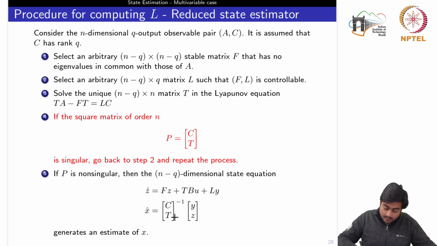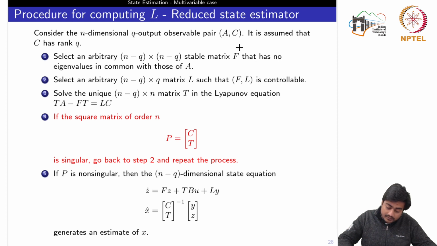So again, the problem here we see in the algorithm is that P could easily be a singular matrix. Okay, because in the single input single output case, when we had ensured the observability of this pair and the controllability of this pair, it is always true that the P matrix would be non-singular.